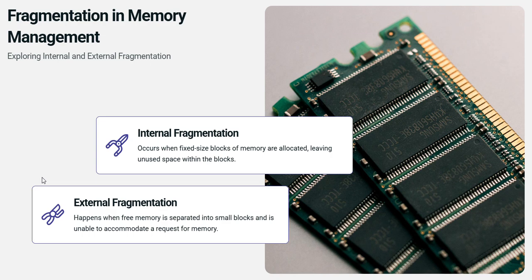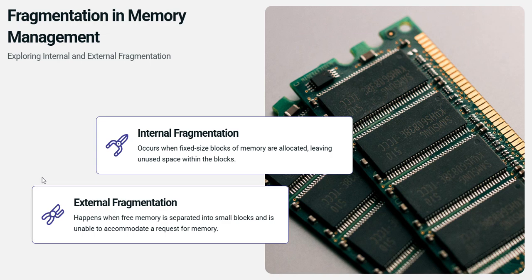In simple language, internal fragmentation is when memory is allocated but not in use. While external fragmentation is when there are some allocated blocks, and between them there are gaps which are not usable for large chunks of data.